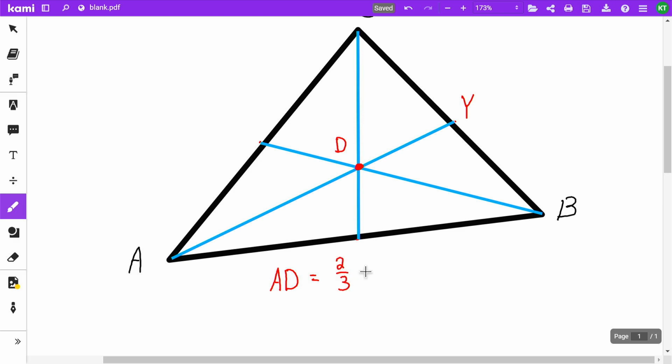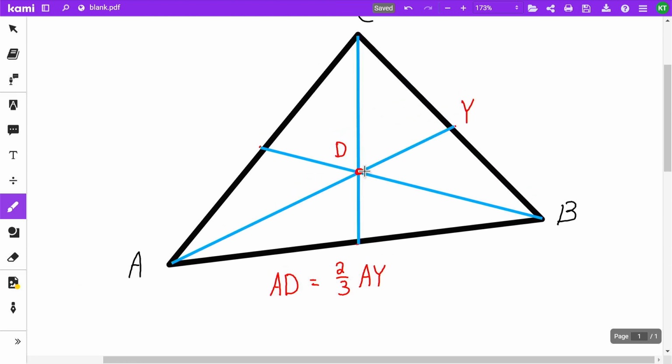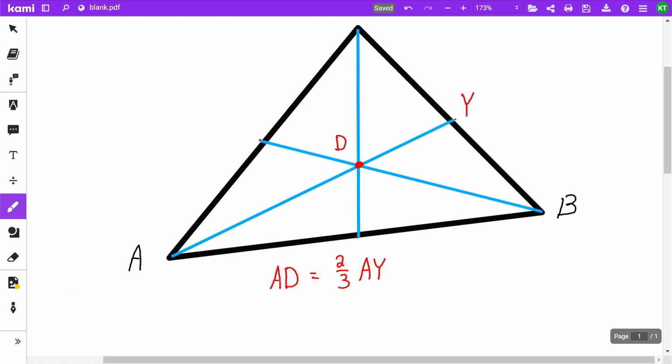So our long side will be equal to 2/3 of our whole entire median right here. And then our short side, which is DY, is going to equal 1/3 of our whole entire median. So it's equal to 1/3 of AY.